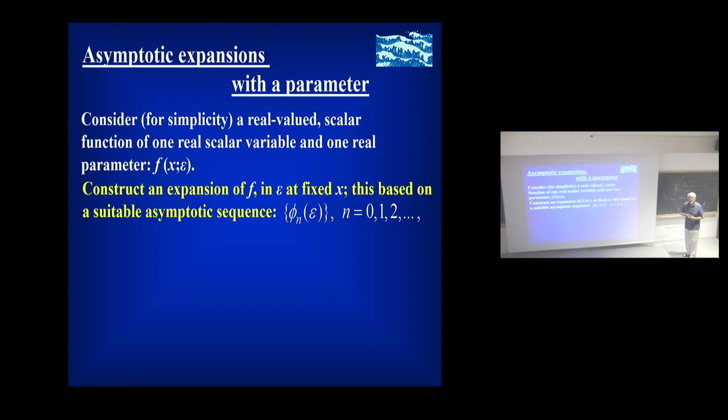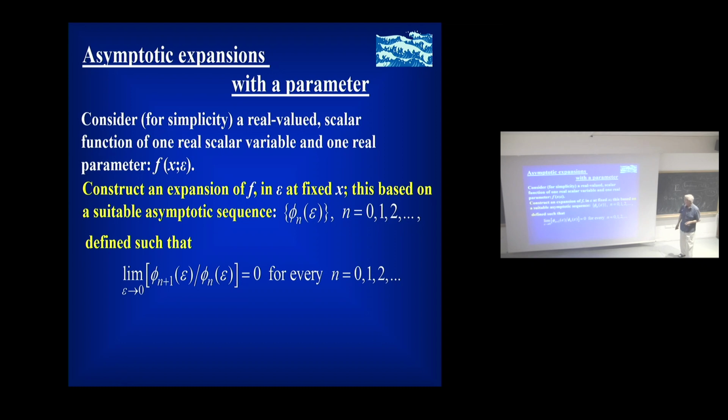So in order to construct an asymptotic expansion with respect to a parameter of a given function, we need to be given or choose a suitable asymptotic sequence. I've labeled it the set of functions phi sub n, n running 0, 1, 2, etc. This sequence is defined so that each term is smaller than the preceding one in the limit epsilon tending to 0.